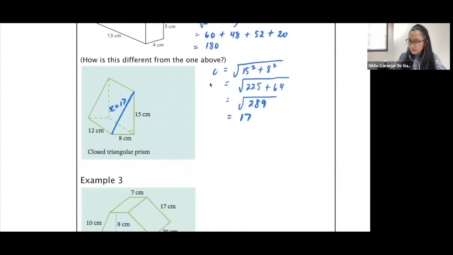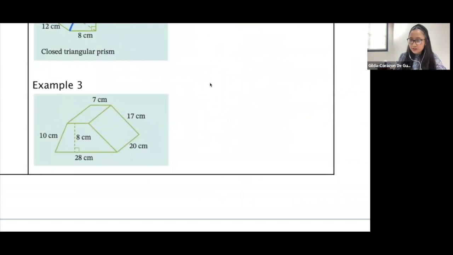Okay. Now, example 3 is what we call a trapezoidal prism because its cross section is a trapezium. All right. So again, we want to figure out the surface area. We want to have the front, back, the top, the bottom, and you've got the sides.